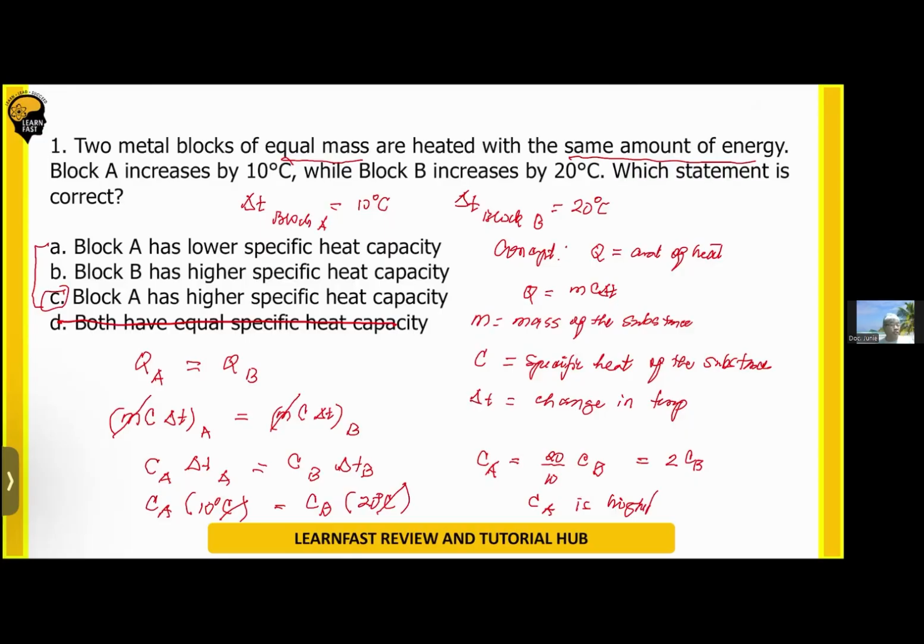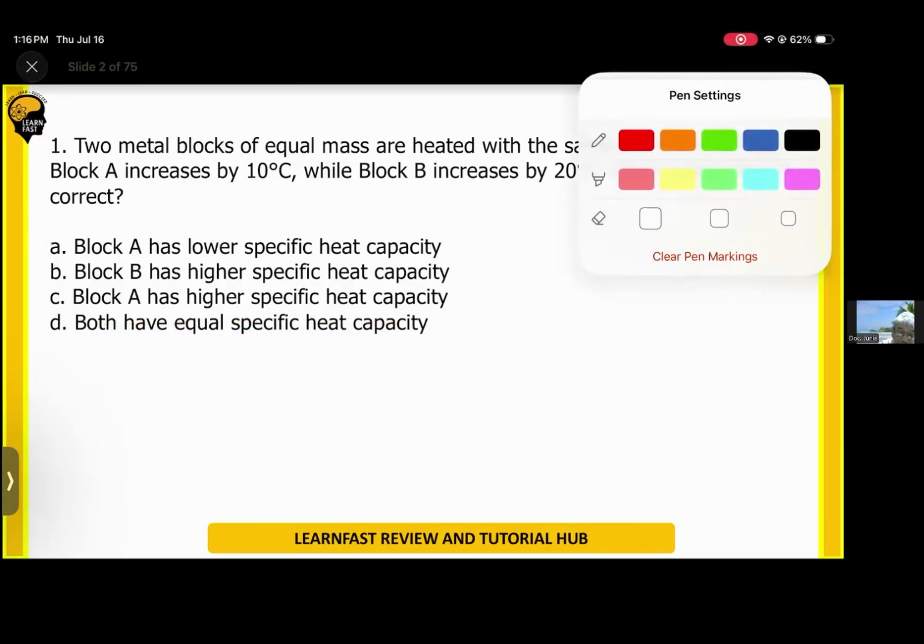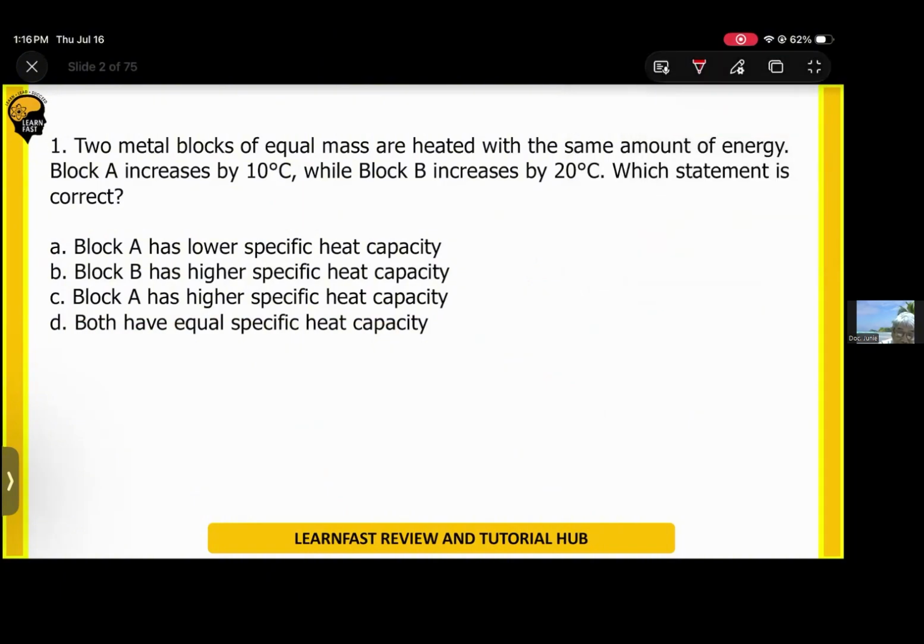So what did you learn here? Pag mababa yung delta T, mataas yung specific heat. So we could summarize the analysis like this. If the delta T goes down, the specific heat goes up, if mass and amount of heat are the same.